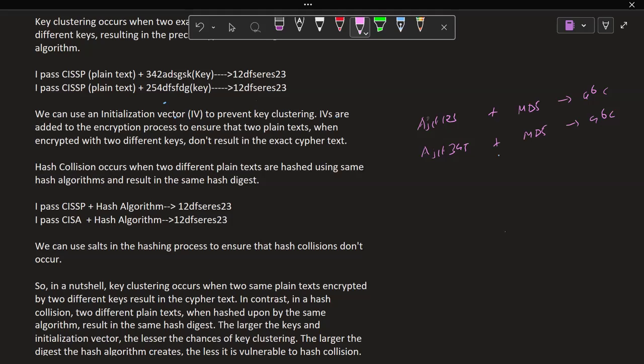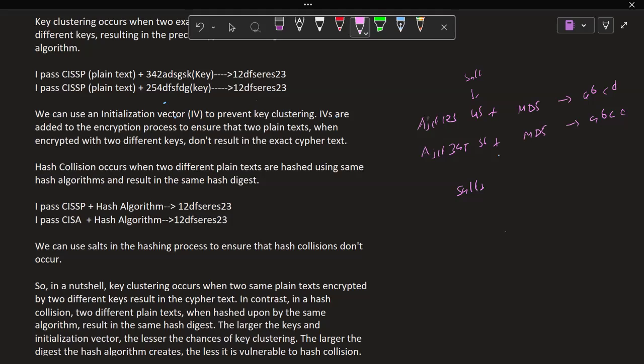Like in key clustering we were using IVs, here we use salts to reduce the chances of hash collision. So we add, let's take an example, 4556. This is what we call salt. So now it will result in a different hash digest. Another thing you need to remember: hashing is an algorithm which takes variable length data as an input and gives you a fixed length digest as an output.